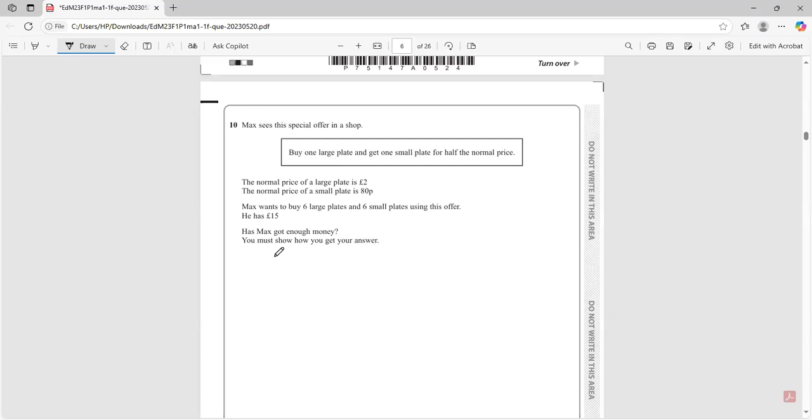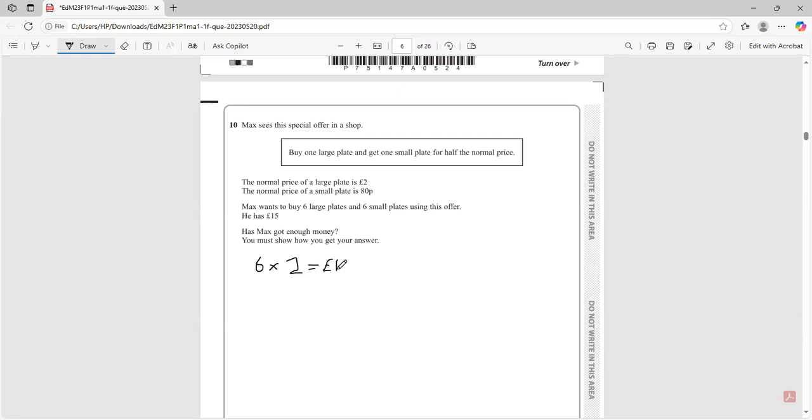He wants to buy 6 large plates, so 6 large plates is going to be £12 already without him even buying any small plate. It's looking like he may not have enough money. But let's see. 6 times 2 is already 12. So he's already at £12 without even buying any small plates.